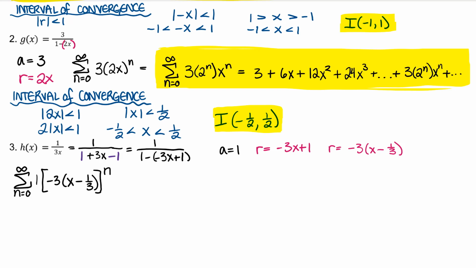Apply the n to the -3. We factored out the -3 so that the coefficient of our x is 1. That is the most simplified version of the nth term.